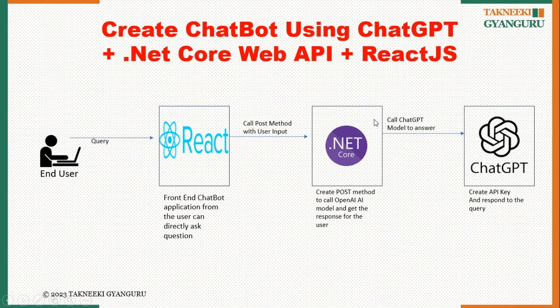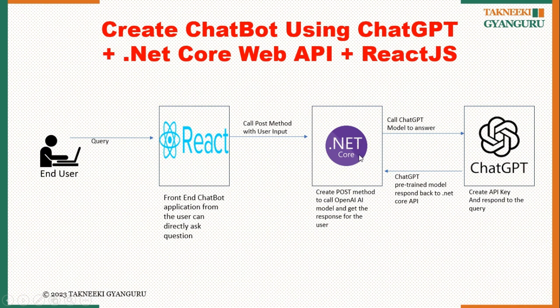When we make a call, the API key should be passed with the request, and this will be authenticated. If it is authenticated, the ChatGPT pre-trained model responds back to the .NET Core API.